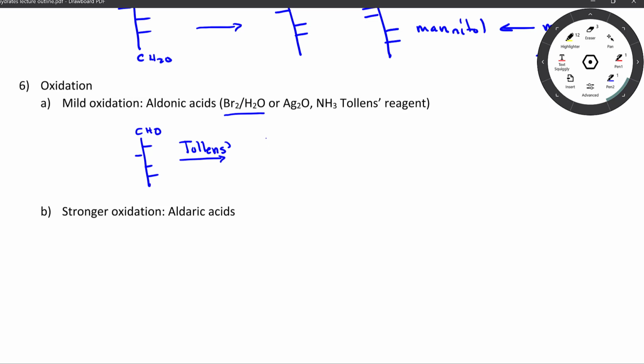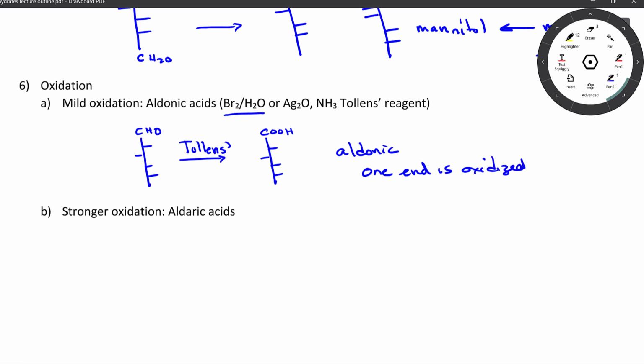What you'll get is this. And this is an aldonic acid. And Bruce has a very nice way of remembering it. He says in an aldonic acid, one end is oxidized.